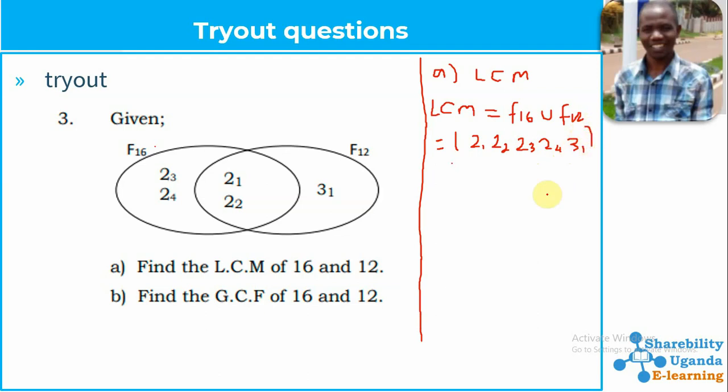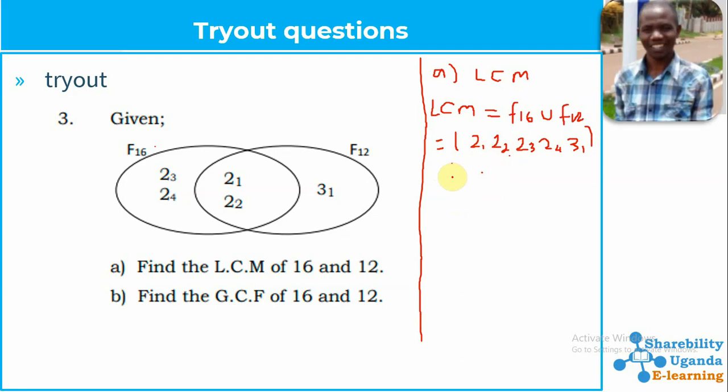These are our values. I know someone is asking how the 2^1, the 2^2 come about. This comes from getting the prime factors.